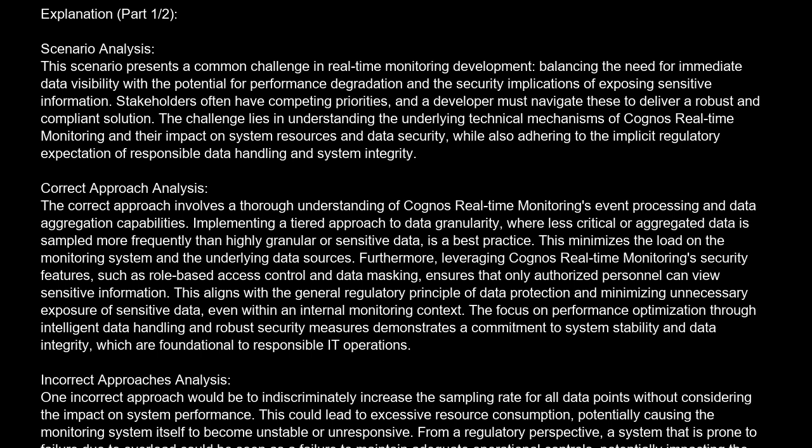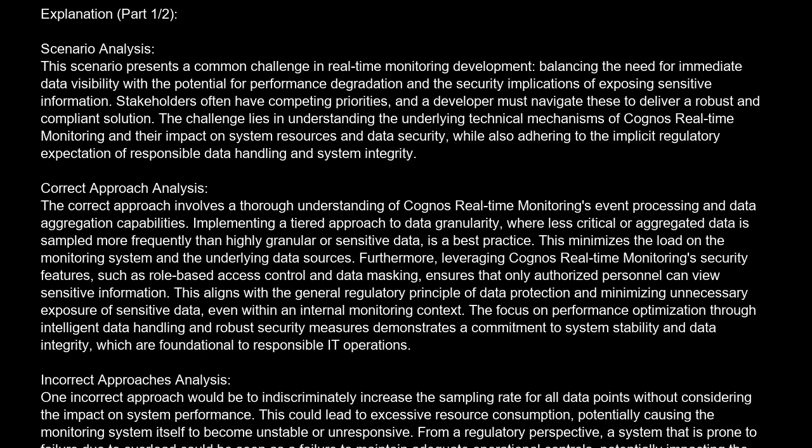This minimizes the load on the monitoring system and the underlying data sources. Furthermore, leveraging Cognos real-time monitoring security features, such as role-based access control and data masking, ensures that only authorized personnel can view sensitive information. This aligns with the general regulatory principle of data protection and minimizing unnecessary exposure of sensitive data, even within an internal monitoring context.